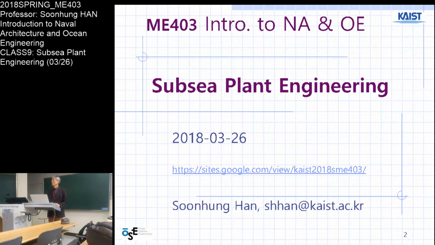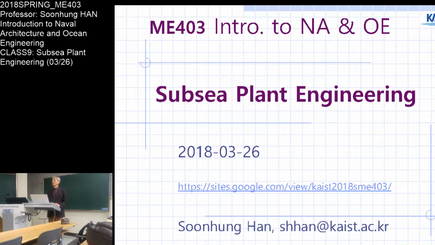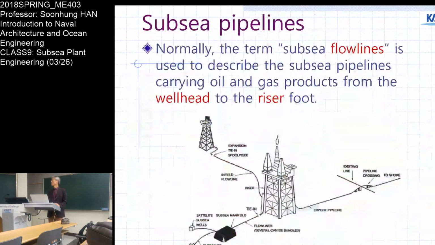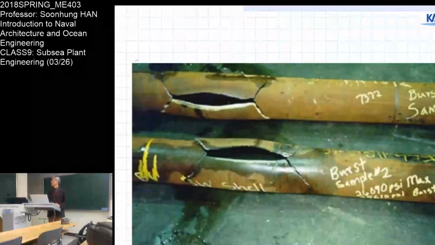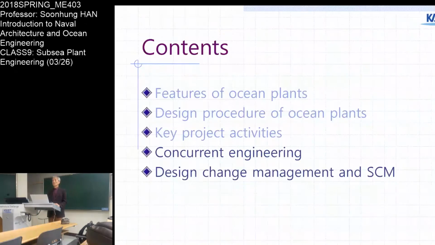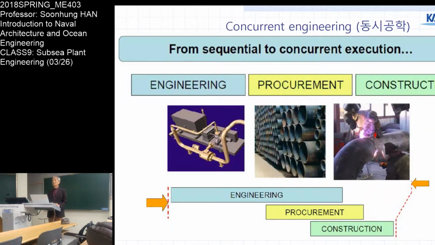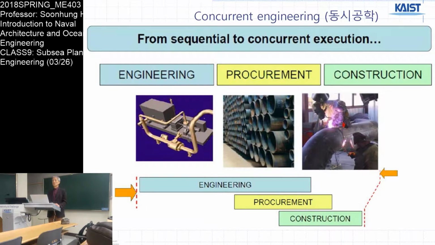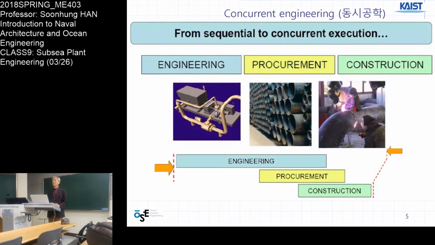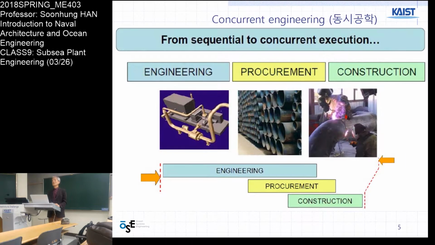So how do we reduce the time to provide a new product to the market? You need to have a structural method like concurrent engineering. But the problem here is data consistency, data mismatch between phases or domains.